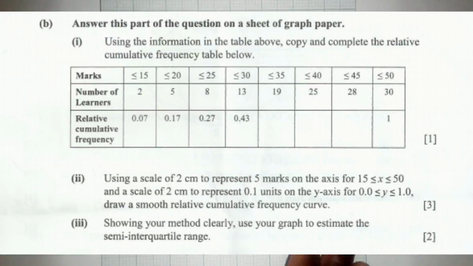They've said, using a scale of 2 centimeters to represent 5 marks on the x-axis, for 15 ≤ x ≤ 50, and a scale of 2 centimeters to represent 0.1 units on the y-axis, for 0.0 ≤ y ≤ 1.0, draw a smooth relative cumulative frequency curve.